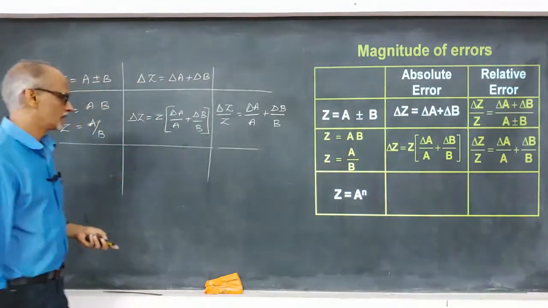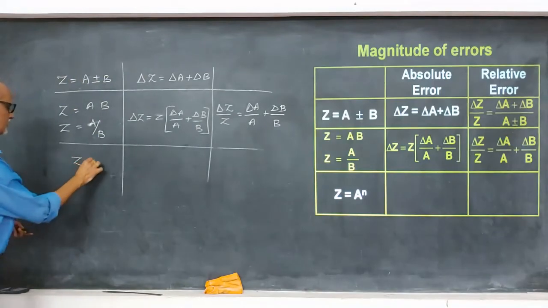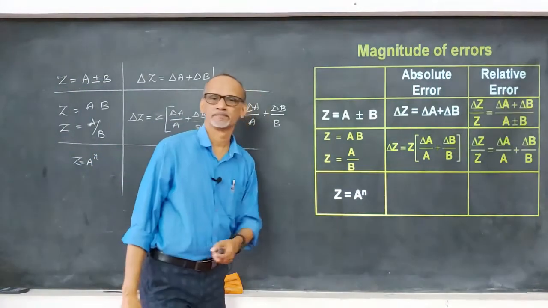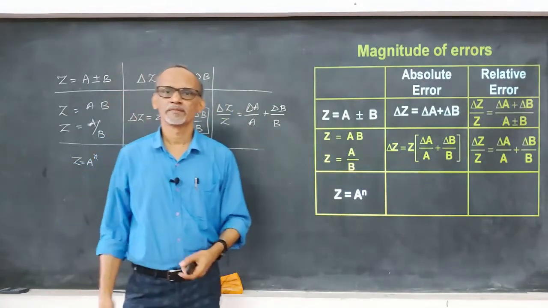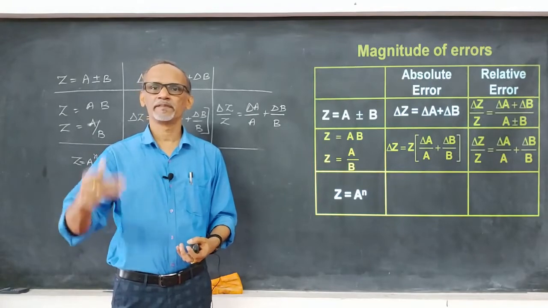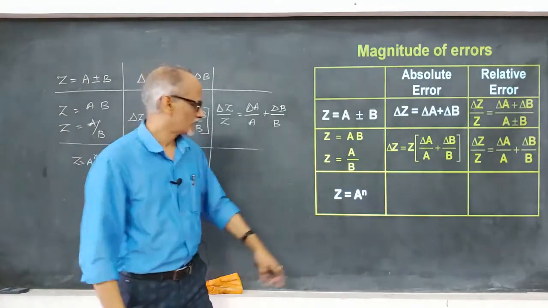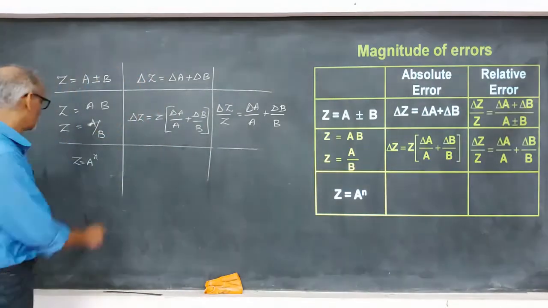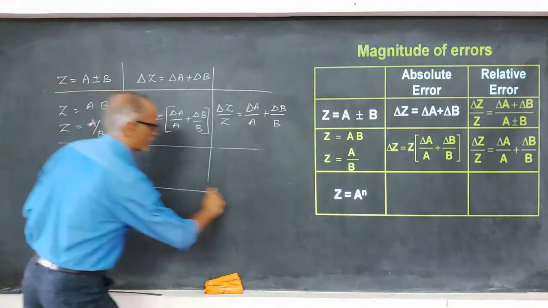Okay. Now, whenever we have a quantity having a power n, like we do have equations, kinetic energy is equal to half mv square, there is a power. So, whenever there is a power, how to find the error? So, Z is equal to A to the power n.